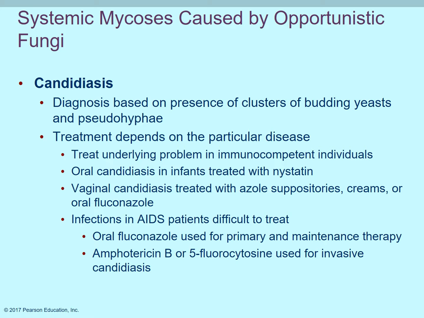Treatment depends on the particular disease, and for somebody who has a good immune system, you might want to treat underlying problems first. It once again depends on where the infection is as to what type of antibiotic you're going to give.